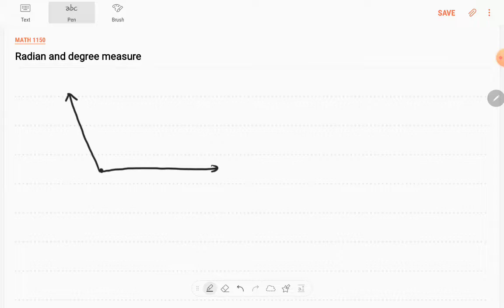So how can we describe the magnitude of the rotation? We use what are called angles. We use angles to describe how much the array rotates.